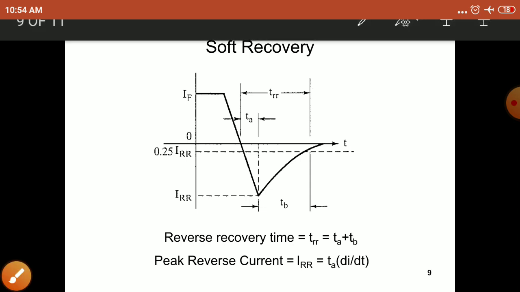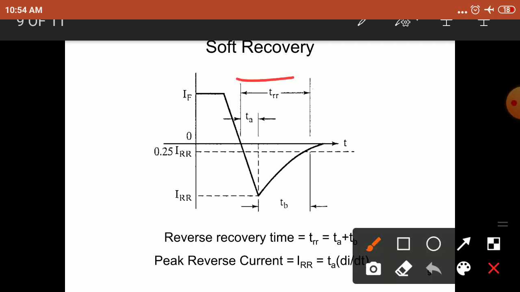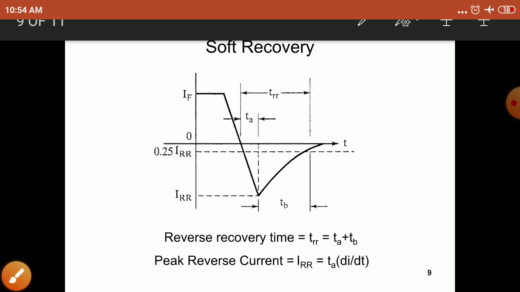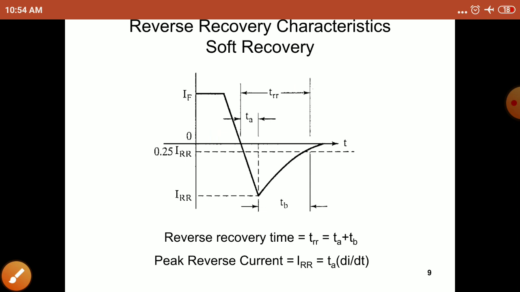Here also TRR is the reverse recovery time, which is the sum of TA and TB. What TA and TB are was already explained. The peak reverse recovery current is obtained from the integration of di by dt with respect to TA.